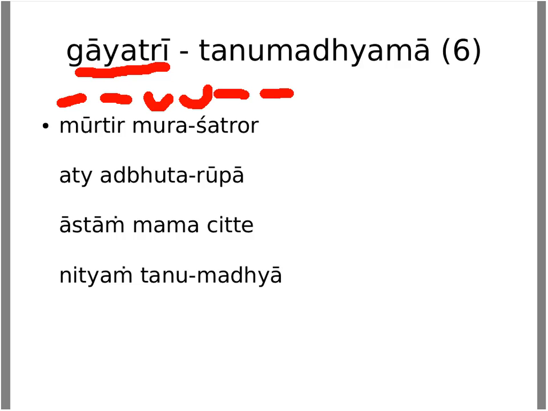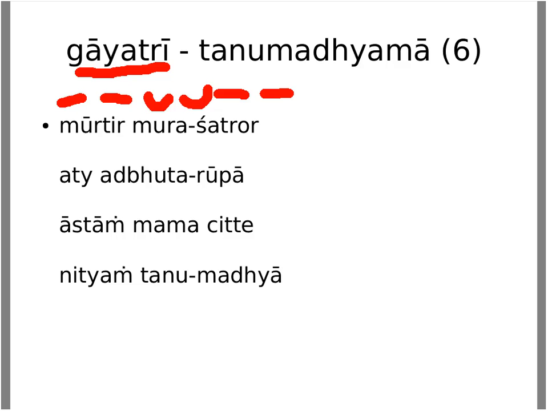Again, it is a verse given by Professor Apte from Bhakti literature, saying that the form of the enemy of Mura, meaning Krishna, is astonishingly beautiful. May that astonishingly beautiful form of Sri Krishna with such a beautiful waist always reside within my heart.